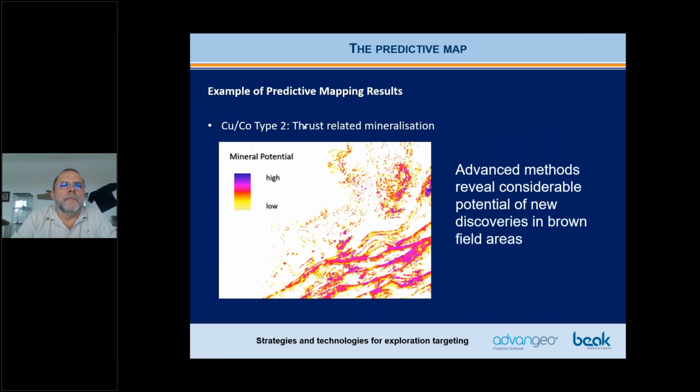And this is an example of the final maps showing us the target type 2 along these thrust faults, where probably the mineralization crops out undercover.